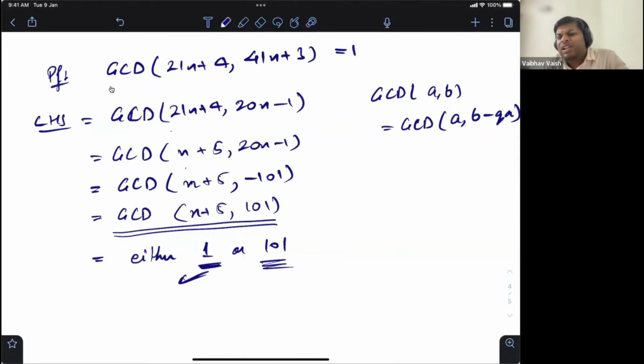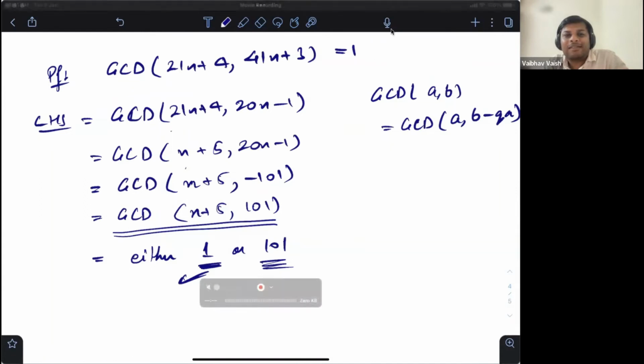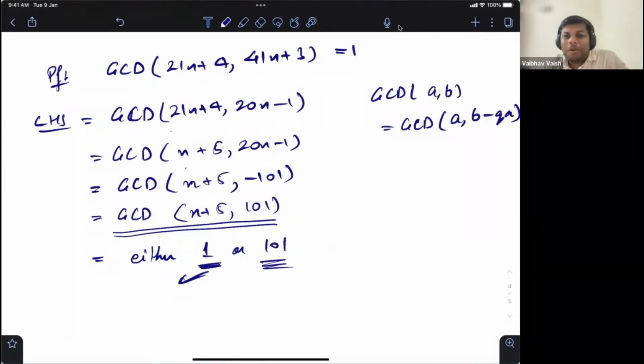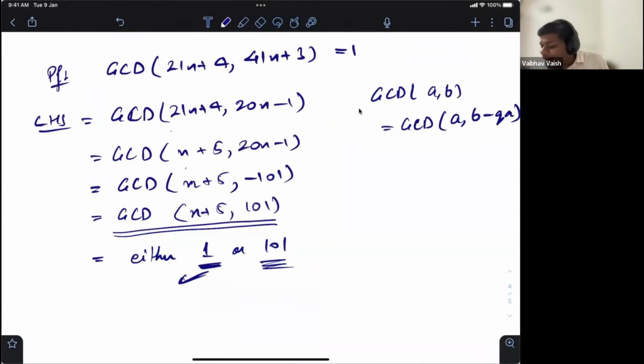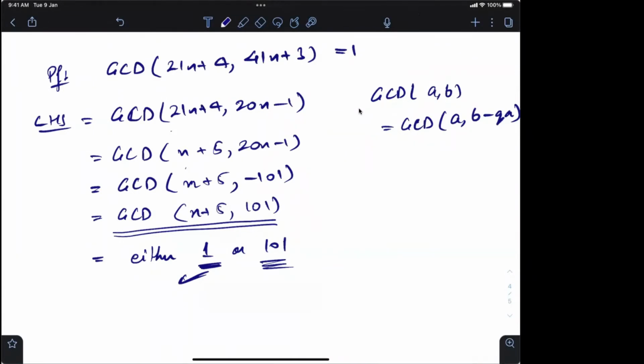Everyone can unmute themselves if possible. I don't know if that is possible. That will allow me to get a sense of the class. Problem solving, it's better to be interactive. Otherwise, we are very quickly lost. Respond to Professor Vaish.